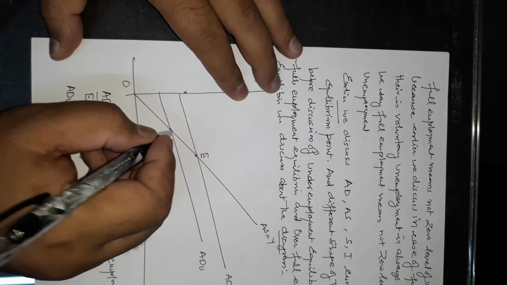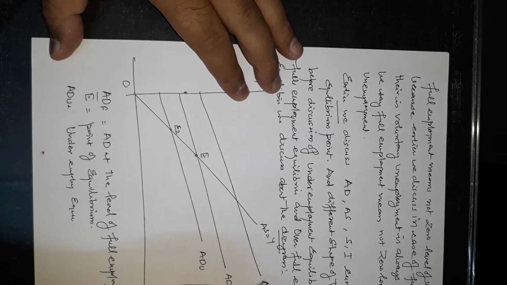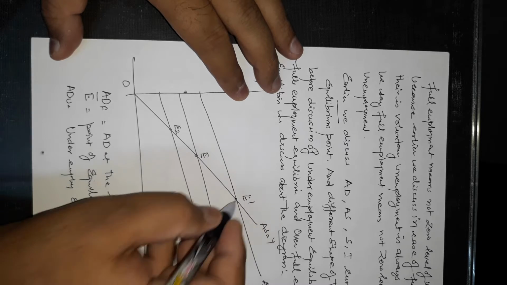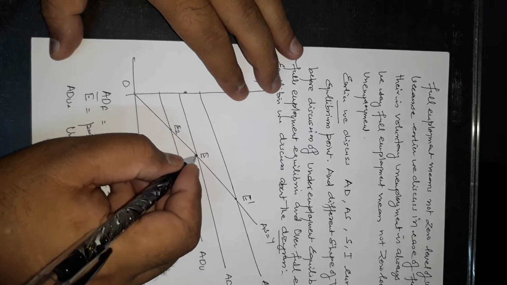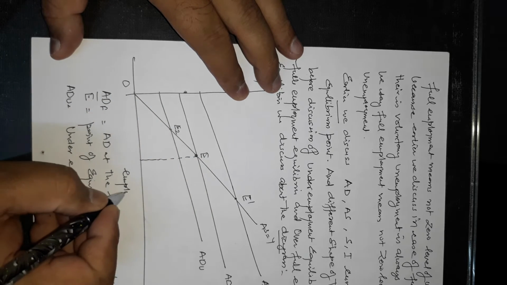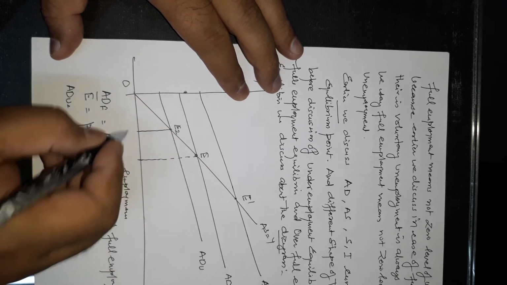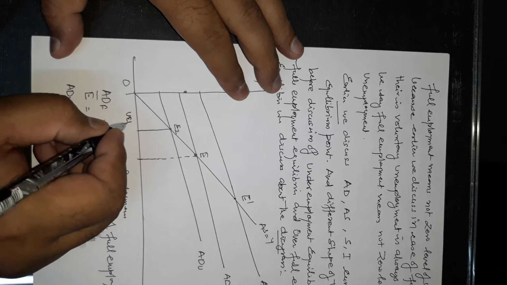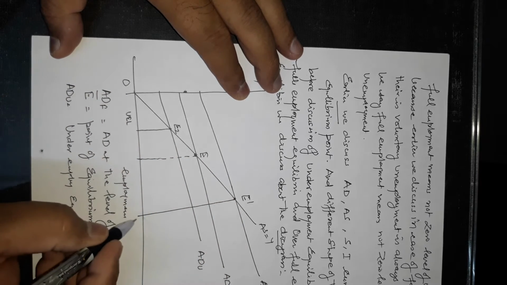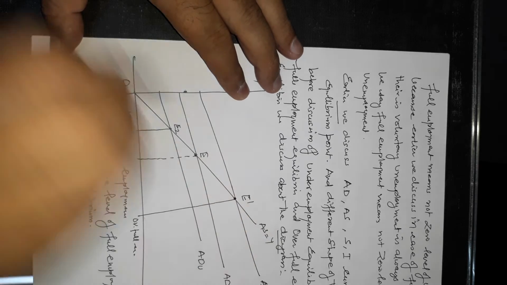equilibrium point. So E2 point is the under equilibrium point, and when aggregate demand increases after the full employment, over full, so E1. So under employment level equilibrium and over full employment equilibrium.